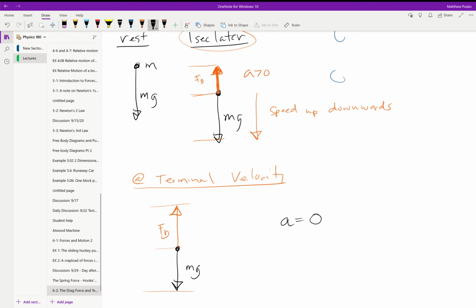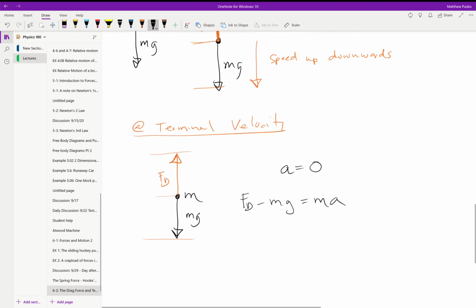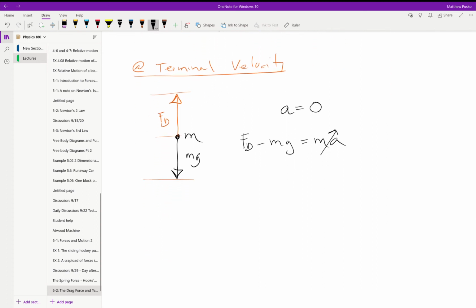Our free body diagram would say that the force of drag going up minus mg going down is going to be equal to the mass times the acceleration. And in this case, if we let the acceleration go to 0, we're saying that the force of drag is equal to the weight, mg.